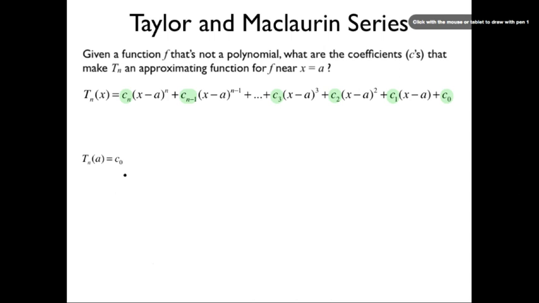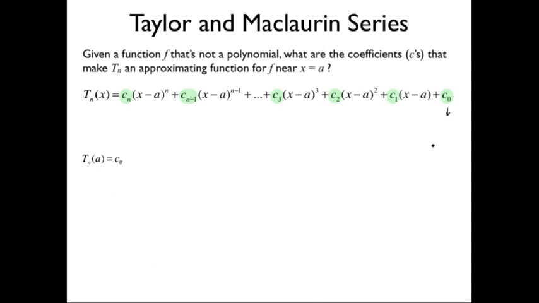Not A. F of A, right? We would want that to be f of A so that we get the same thing in the polynomial that we do in the function. So for C naught, that one's easy. We're just going to say that's going to be f of A.